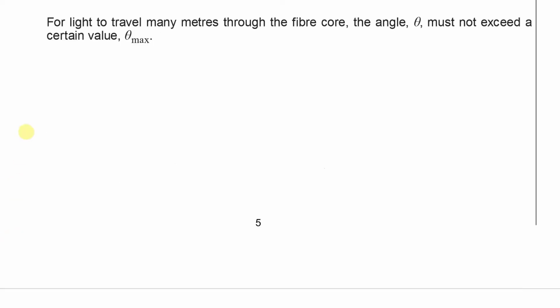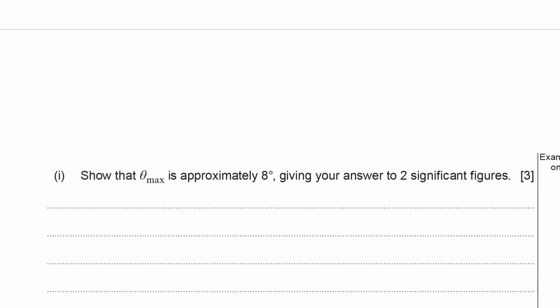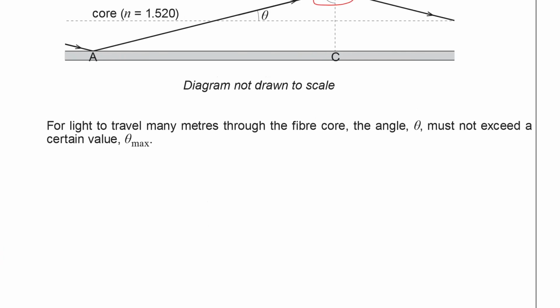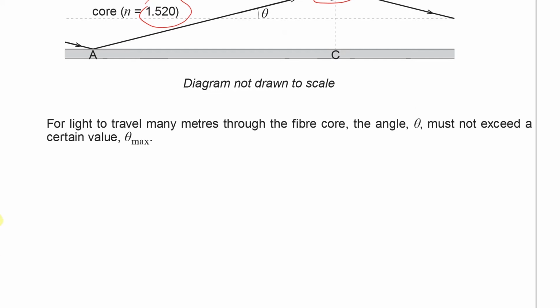So let's apply the critical angle formula that's given in the WJEC data book, which is n1 sine theta 1, or sine theta c in this case, equals n2. N1 is the refractive index of the material that the light starts in, in this case 1.52, and N2 is 1.504.